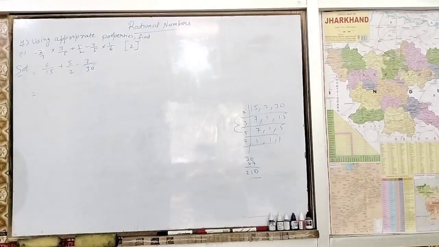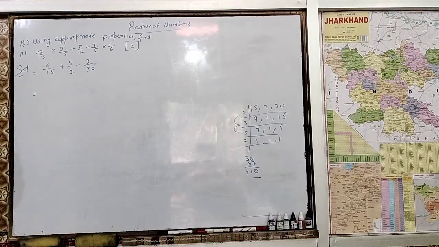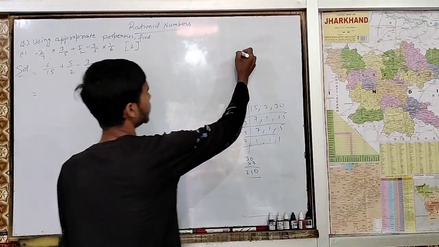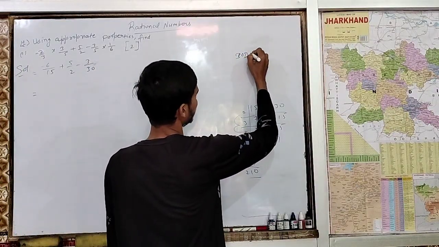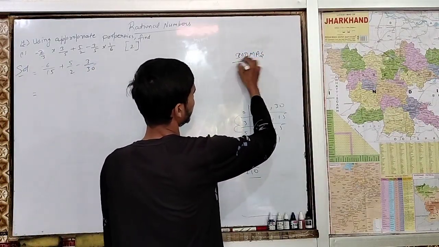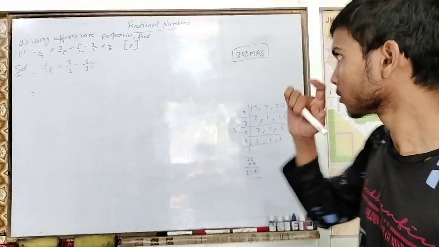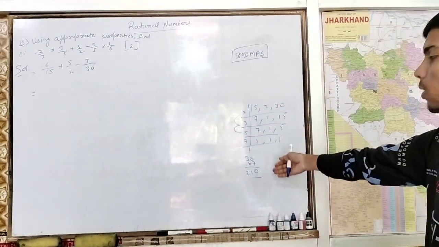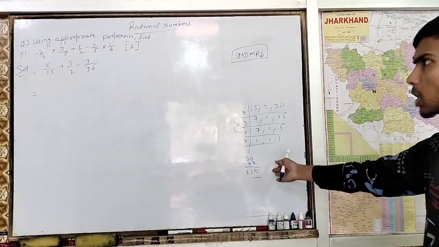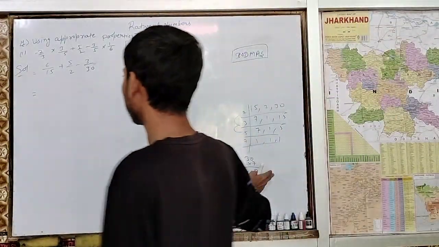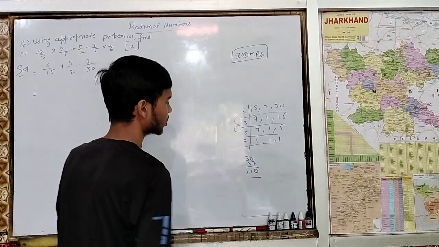This much we are getting. Look at this. This is the rule. It is known as a rule. Rather than doing it like that, you can skip this because we are getting this much.